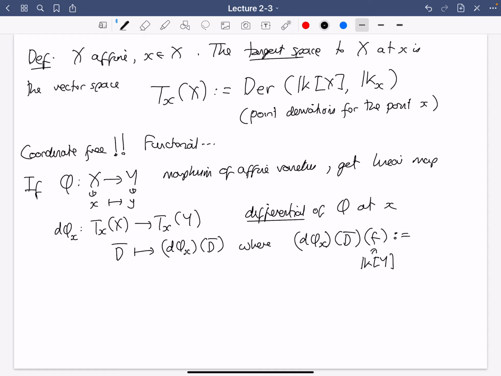Well, you can do the comorphism phi star to f. That gives you an element of the coordinate algebra of X, because this comorphism is an algebra homomorphism in the other direction. And then I can apply the original point derivation on the coordinate algebra of X to that. So that's the definition. It's obviously a linear map.